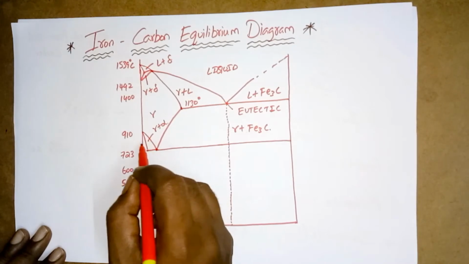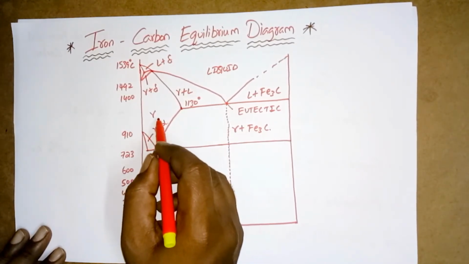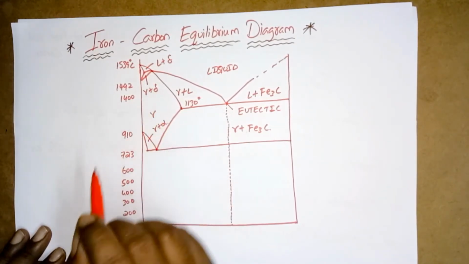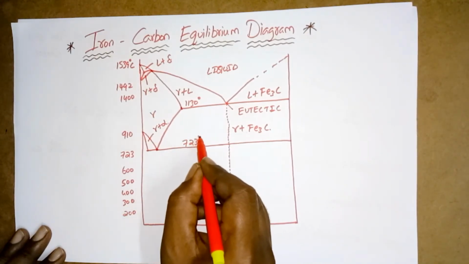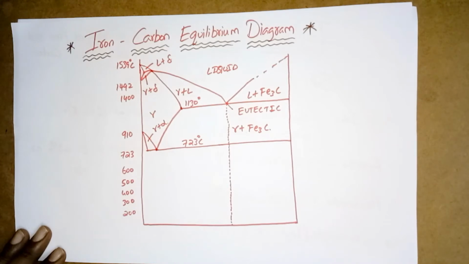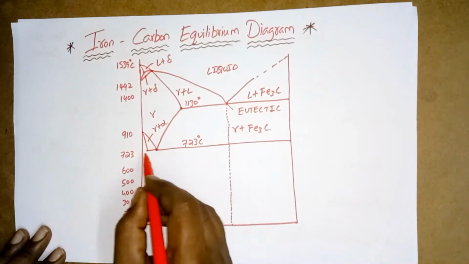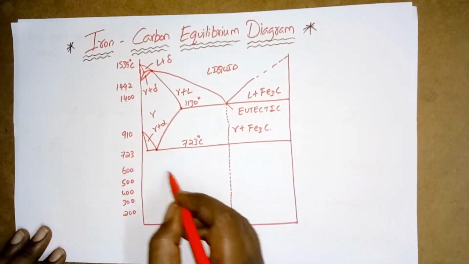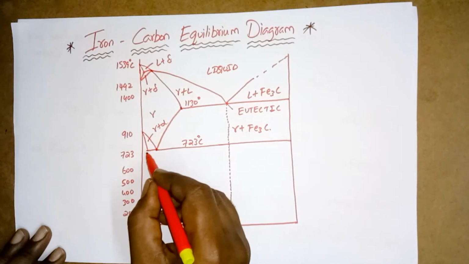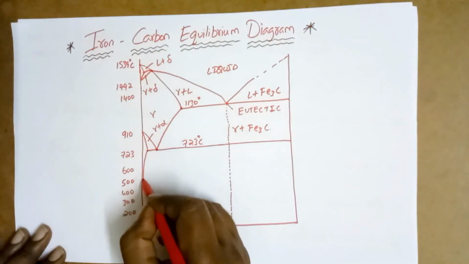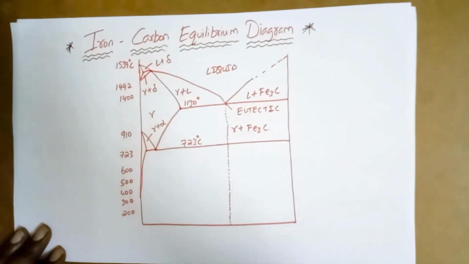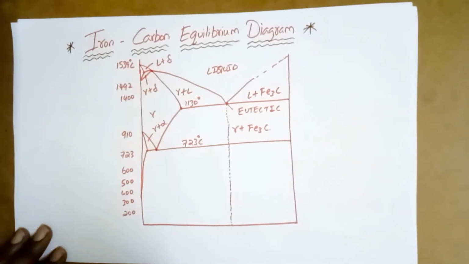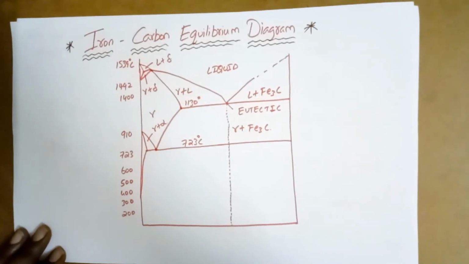We know what gamma iron, alpha iron, and delta iron are. Here it is 723 degrees centigrade, and this is the horizontal line. How the graph is falling, we have to concentrate.